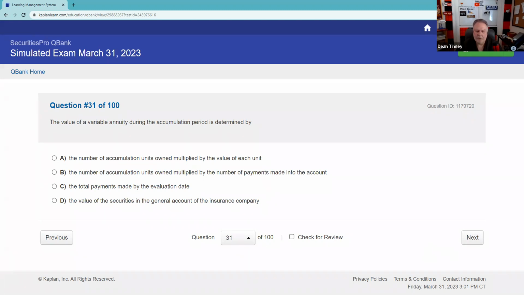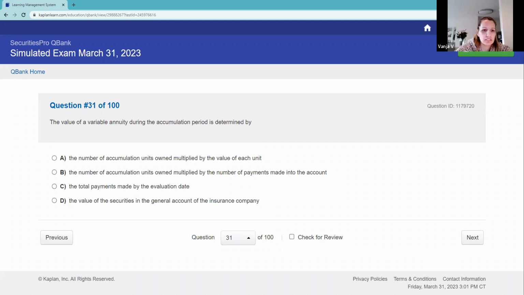The value of a variable annuity during the accumulation period is determined by the number of accumulation units owned multiplied by the value of each unit, the number of accumulation units owned multiplied by the number of payments made into the account, the total payments made by the evaluation date, the value of the securities in the general account of the insurance company.